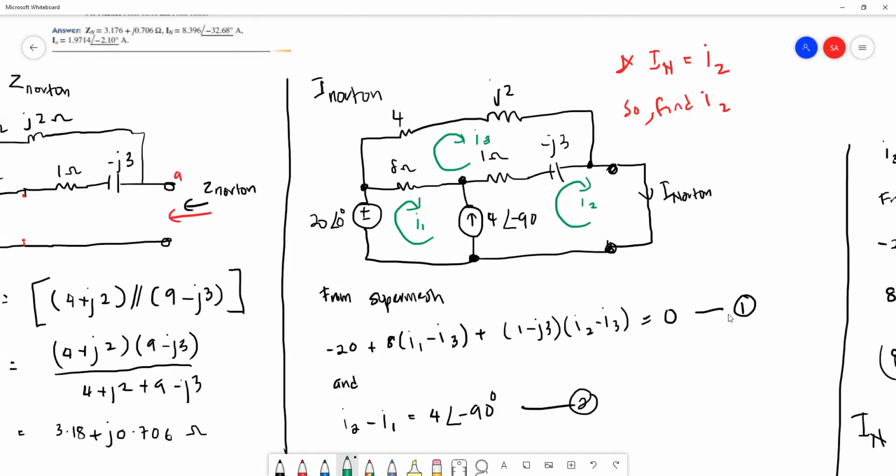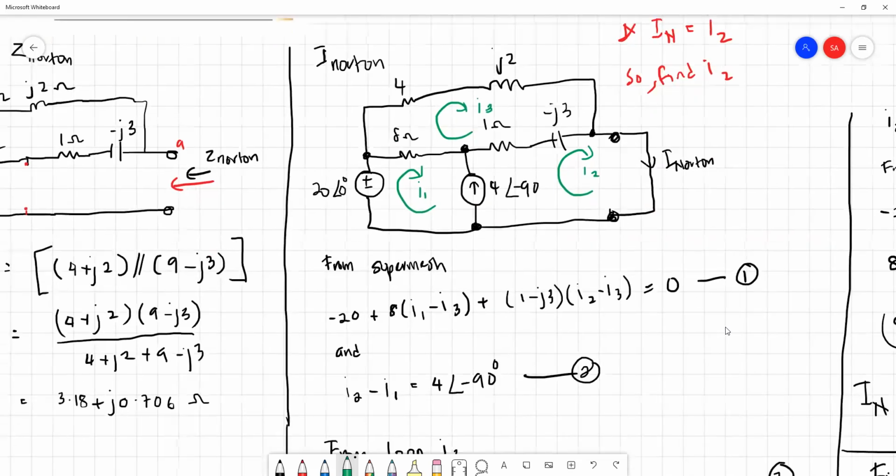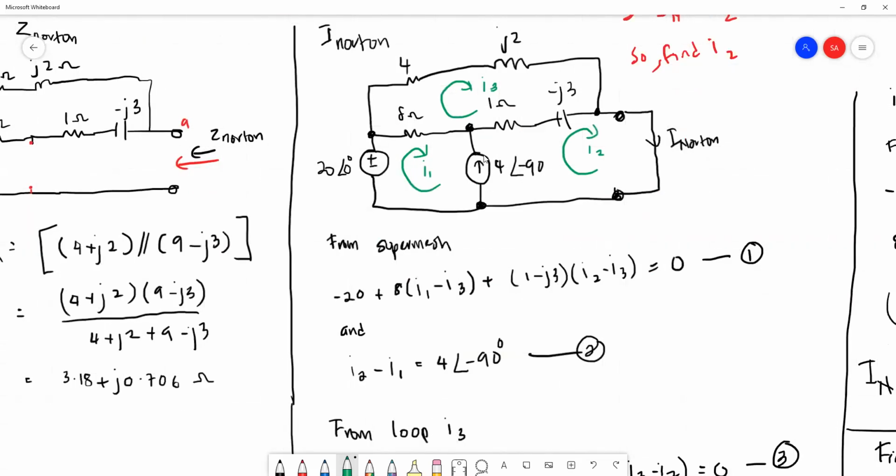This is the first equation. The second equation comes from the current source itself. The direction of the current source is upwards, which is in the direction of I2. So this one is I1, this one is I2.